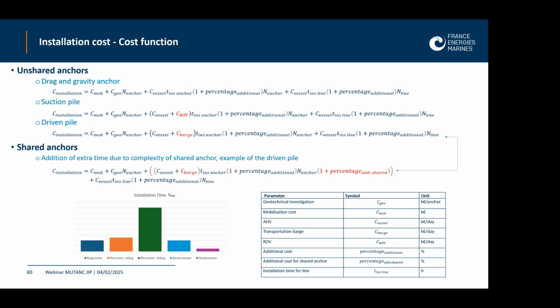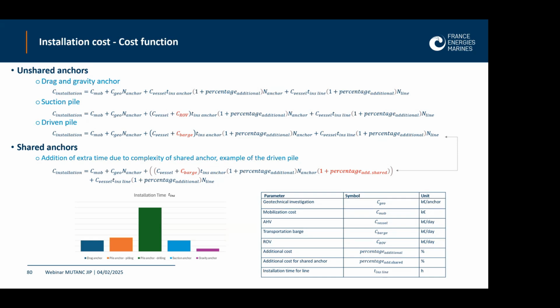That is constant, independent, and the same for each case. Then there is a geotechnical investigation cost. It is the same cost, but it will depend on the number of anchors. So it will reduce for shared anchors, as there are fewer anchors compared to unshared anchors.